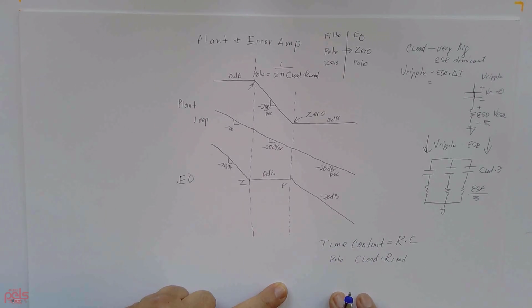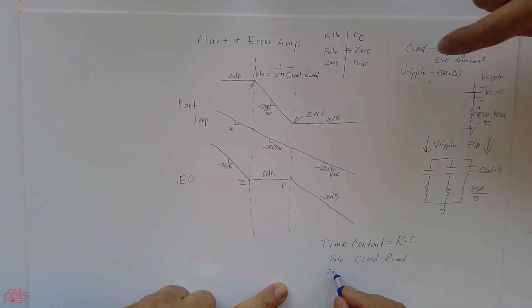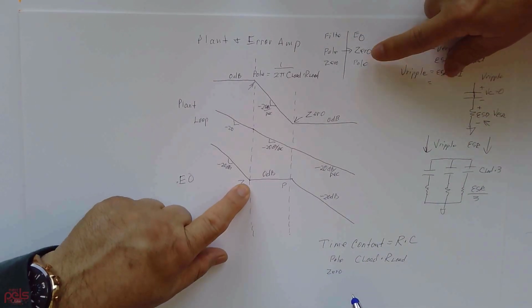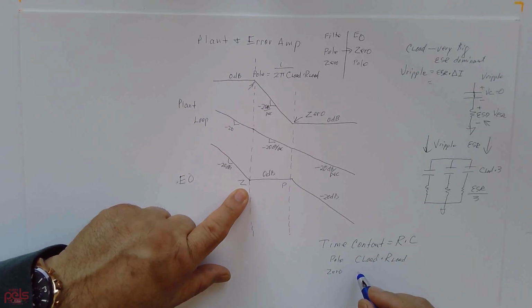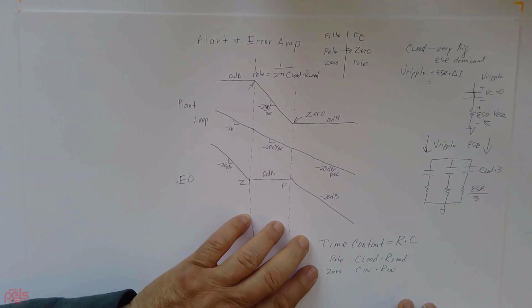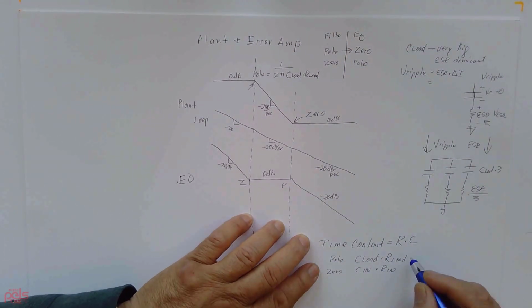Remember, this is a pole, and we said that we want to cancel it with a zero, which would be this one. That zero is composed of C integrator and R integrator. By canceling, that means you want to make these equal.